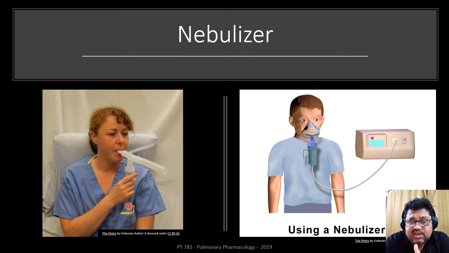That jet is powered by, you see a tubing coming from some kind of compressed air or oxygen tubing. And this compressed air passes through the jet and creates a low pressure above the drug which is in liquid form. When the low pressure is created, the liquid rises up and hits a baffle that splits it into a very fine mist.